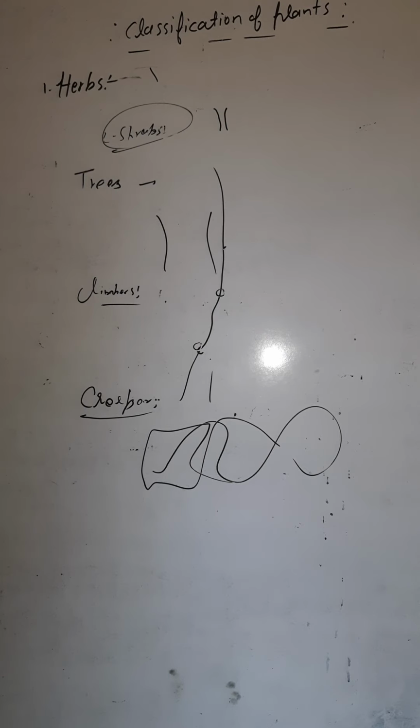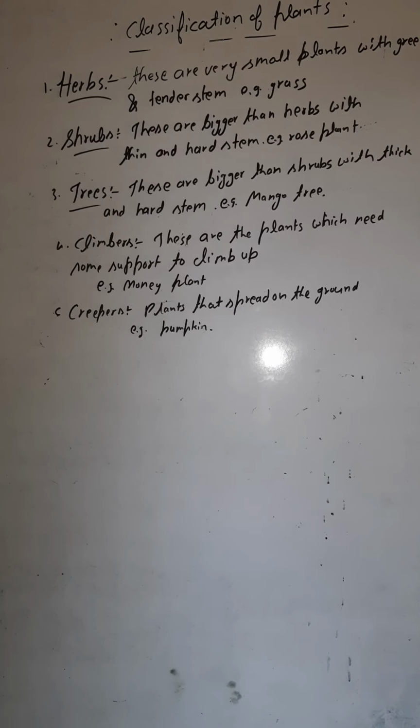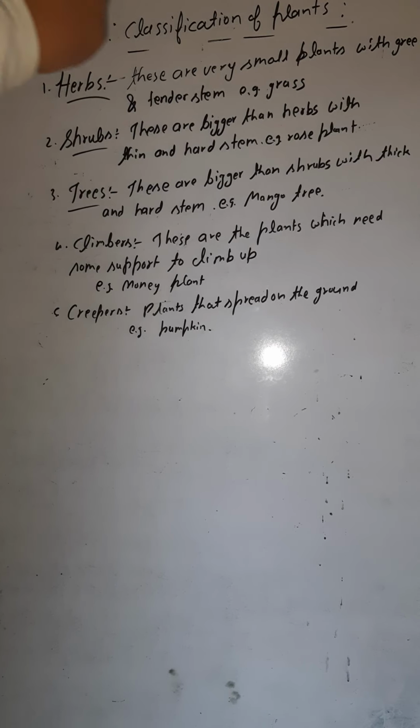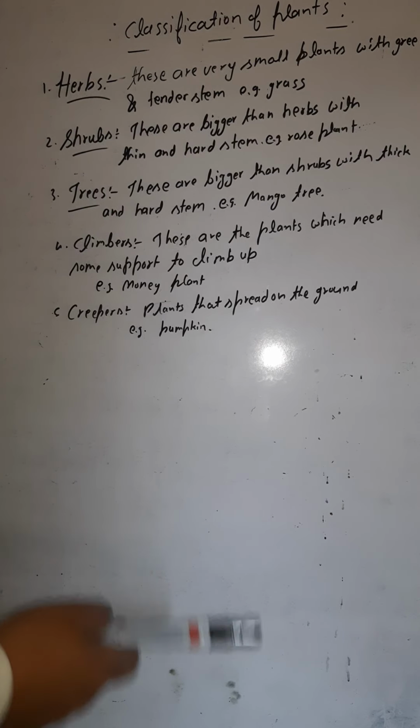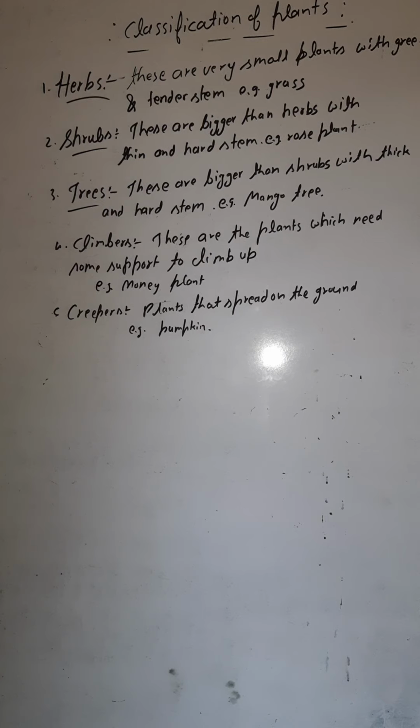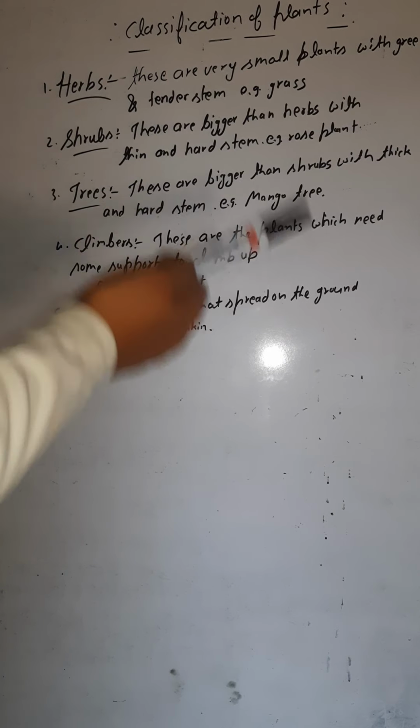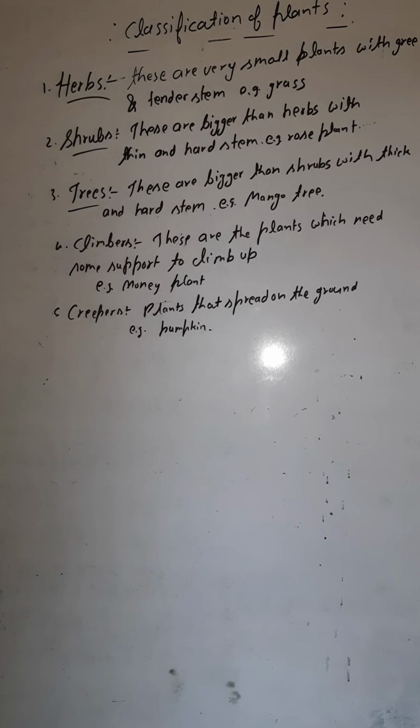Now let me write it, and then you can note it down. This is all about the plants. If you are classifying the plants, number one is herbs: very small plants with a green and tender stem, for example grass. Shrubs are bigger than herbs, with a thin and hard stem, for example the rose plant.